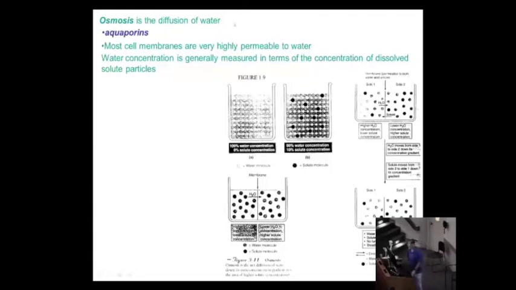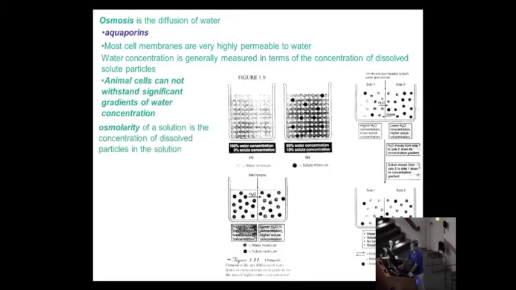So the more molecules I have, the less water I have. So high osmolarity means low water concentration. If water diffuses from high concentration to low concentration, that means it's going to diffuse from low osmolarity to high osmolarity, okay? Because high osmolarity means low water concentration, okay?